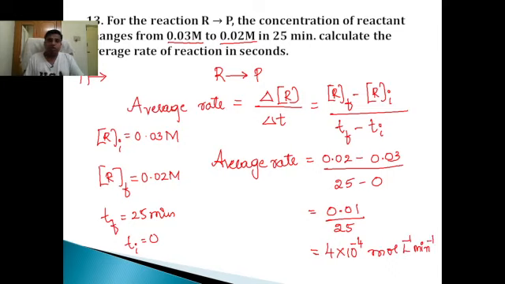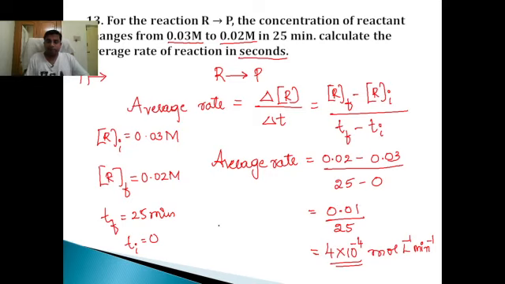But the question is, you are supposed to calculate the average rate in seconds. So you have to convert this into seconds. How do you convert it? Either you will divide by 60 or you will multiply by 60. Divide this by 60.